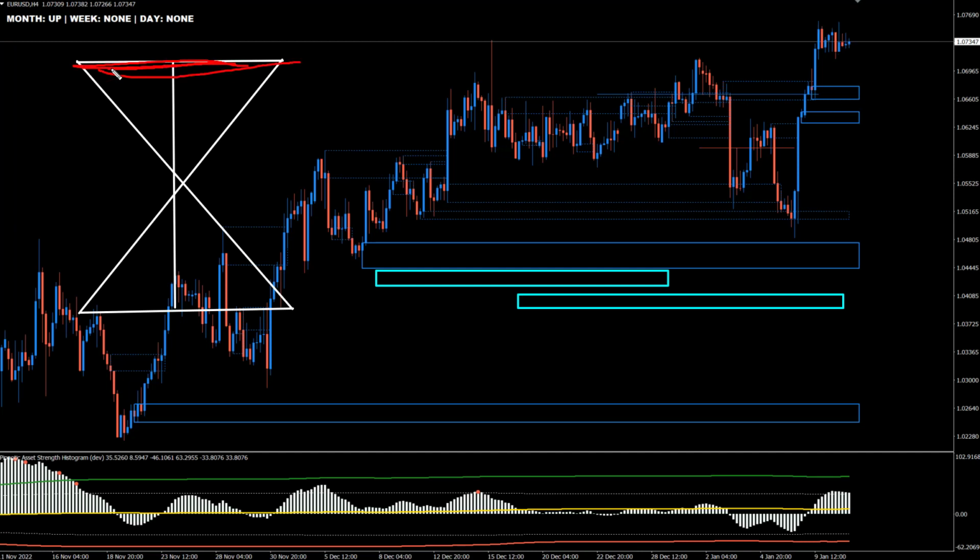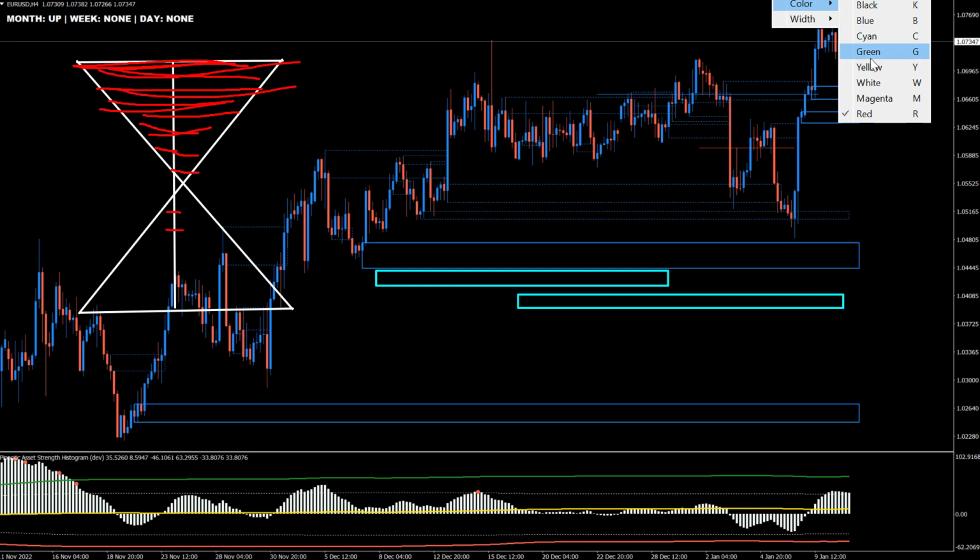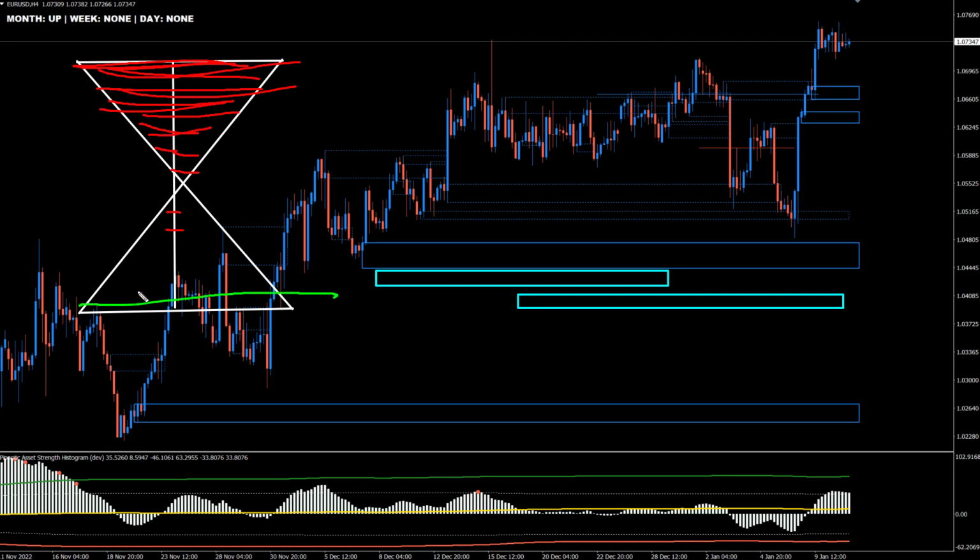Red is for selling here, and the lower you go, the less selling there is. Maybe there's a little bit of selling down here as well. And if you go to the bottom of the book, the closer you are to the bottom, you have more buying. And you start to move up, and the buying goes down a little bit.